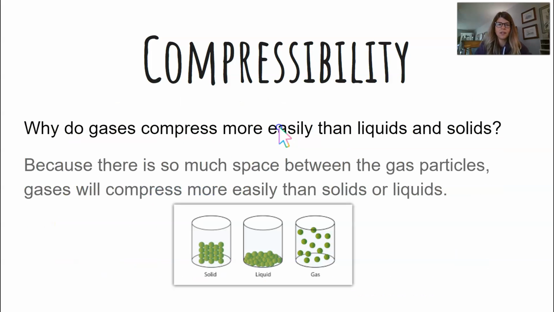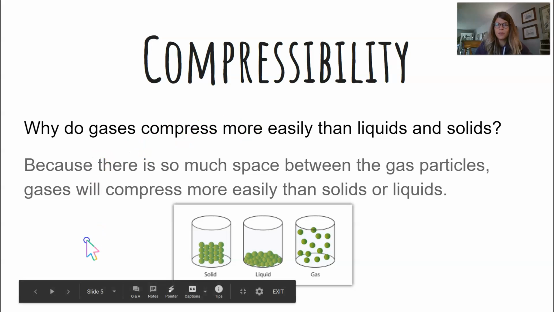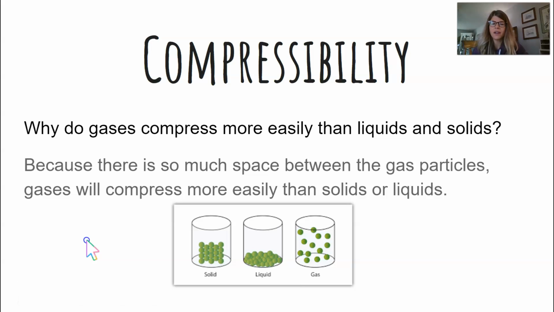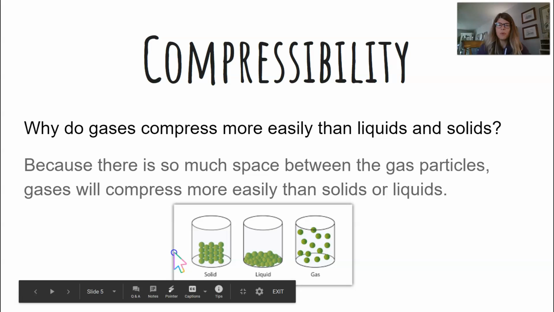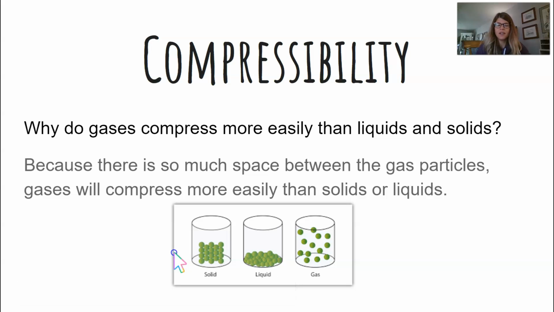Let's take a closer look at that. Why do gases compress more easily? I mentioned this in the last slide, but let's take a look at what we know the particles in solids, liquids, and gases look like. We can see that, remember, in a solid, those particles are in an organized, fixed fashion. If we put compression on that solid, it's not going to decrease the volume of that.